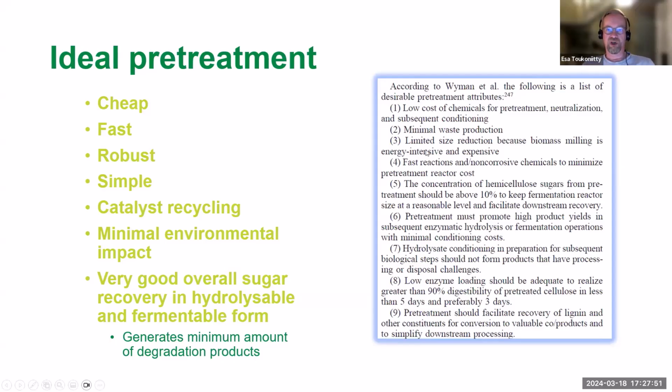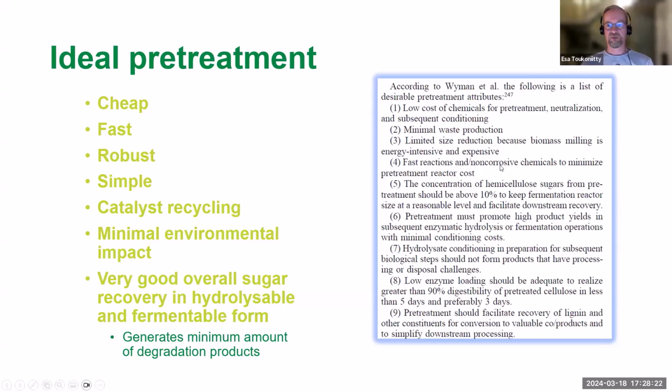We are often talking about wood chips and woody material. So if the pre-treatment can handle bigger particles and bigger size woody parts, biomass parts, that's beneficial because this kind of grinding and milling is energy intensive, and you want to limit such steps in the pre-treatment.